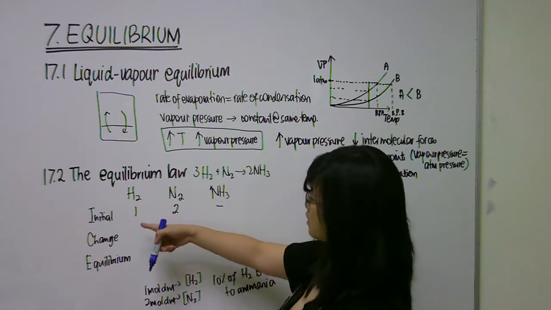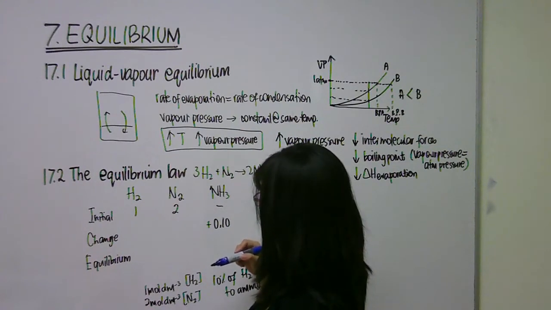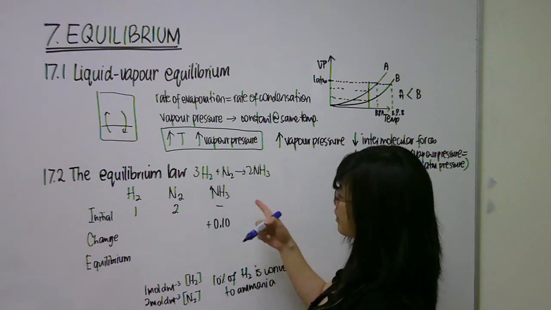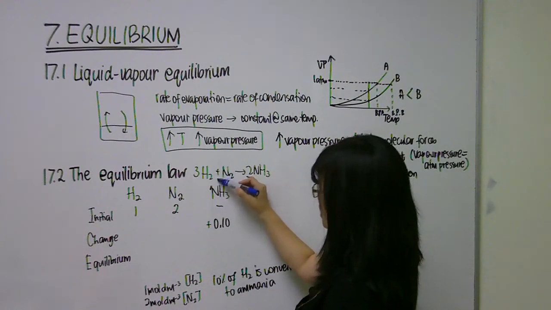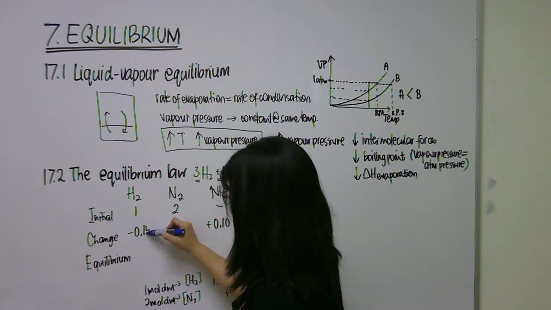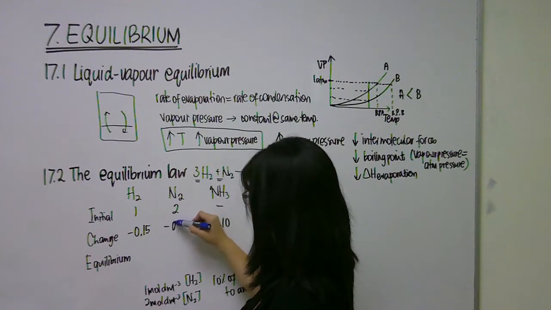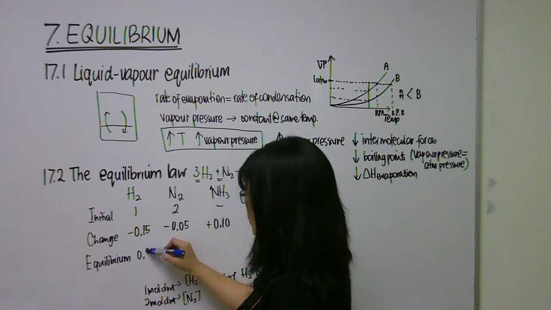You know that 10% of this is 0.1, so the change is 0.1. Based on the stoichiometric coefficients, 2 to 1 to 3, 0.15 of this must have reacted and 0.05 of this must have reacted, and you will have 0.85.